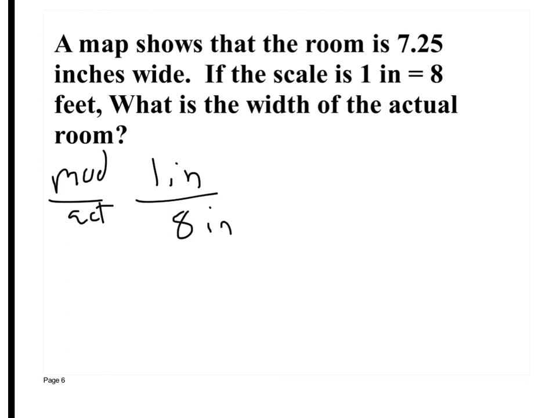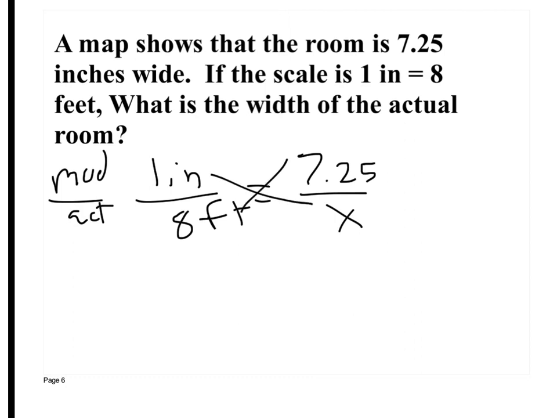It tells you that. 8 feet, you're right. What we're going to do is set up the proportion to figure out the width of the actual room. So the actual is x. It says the model room is 7.25. So we just set up the proportion like we did all day yesterday.